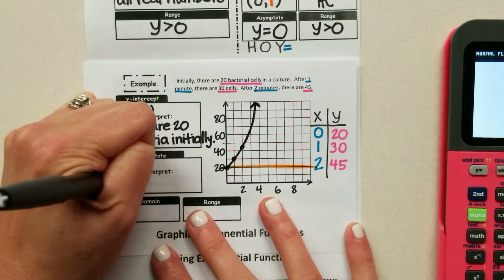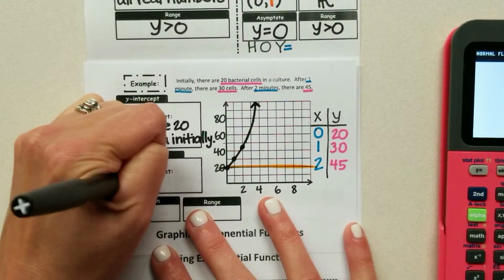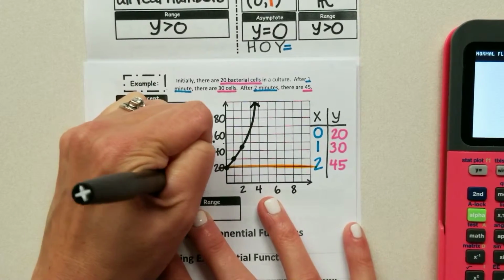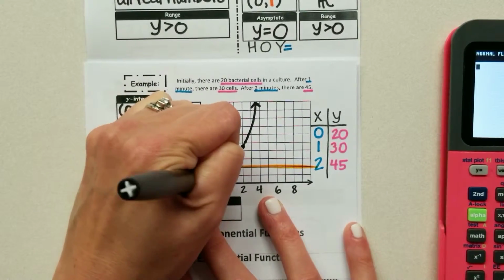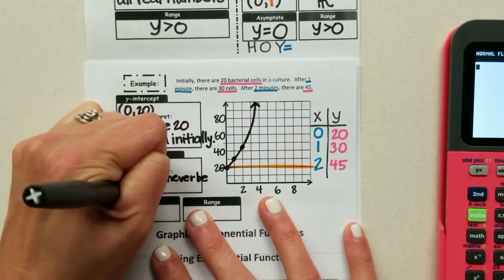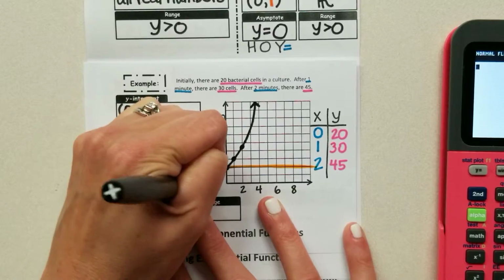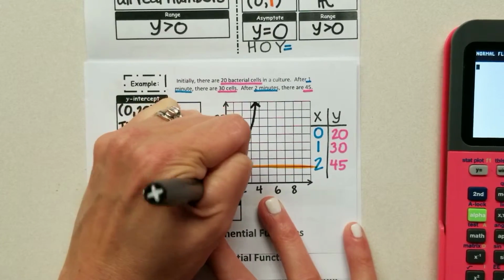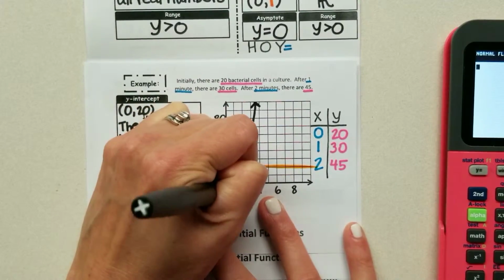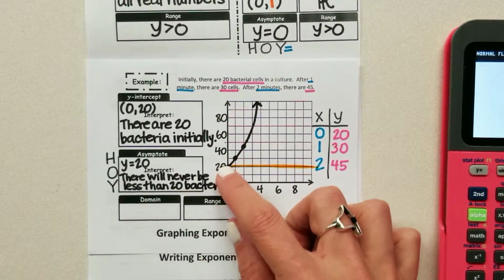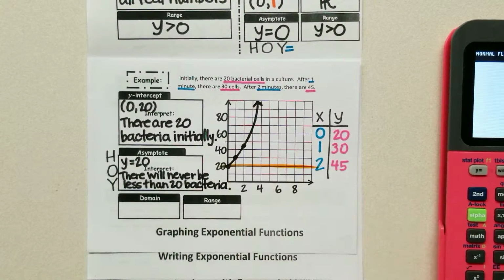So there will never be less than 20 bacteria, because that's what we started with, and it's growing. I'm only going to get more bacteria.